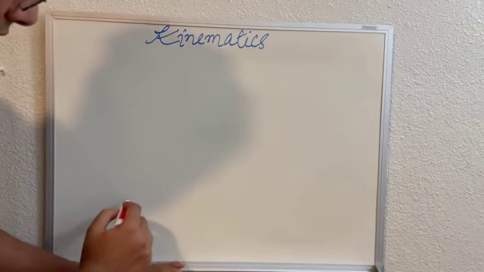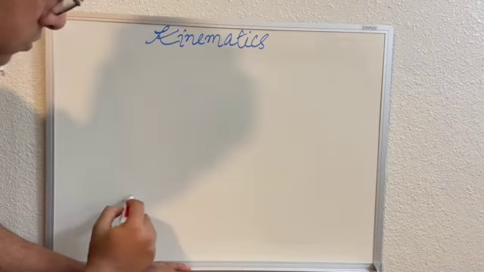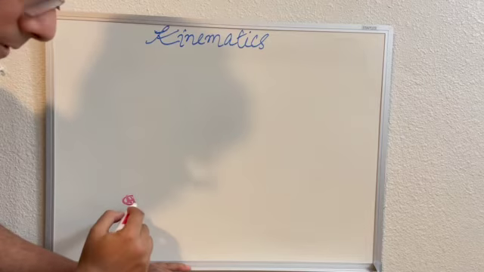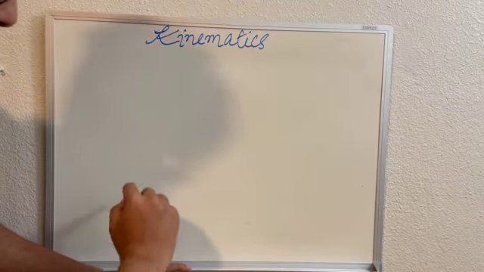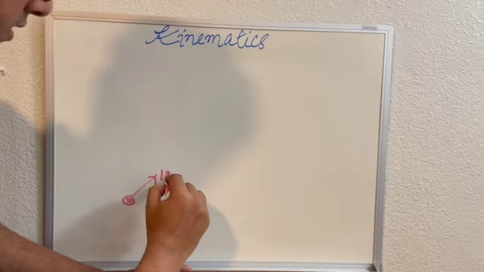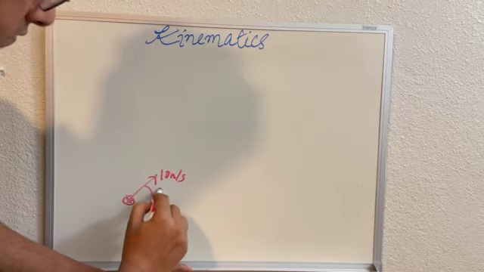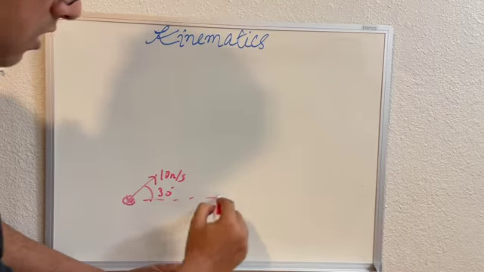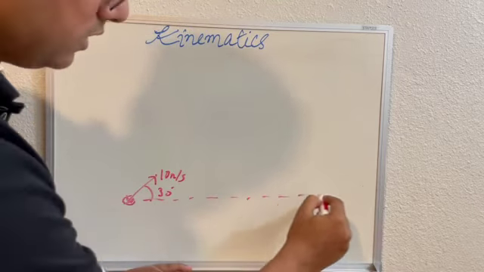The problem states that a soccer ball is kicked at 10 meters per second initial speed at an angle of 30 degrees. How long will it be in flight? So how long will it take to reach the ground?